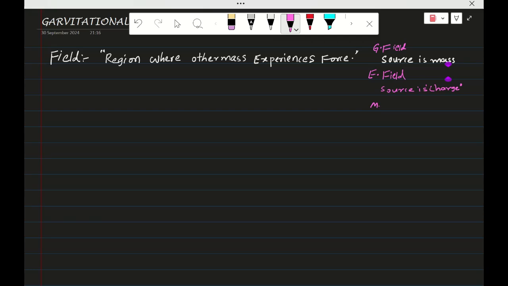So coming into magnetic field, the source is a magnet, meaning a natural magnet, or a current element, or a moving charge. So these are the sources for fields.